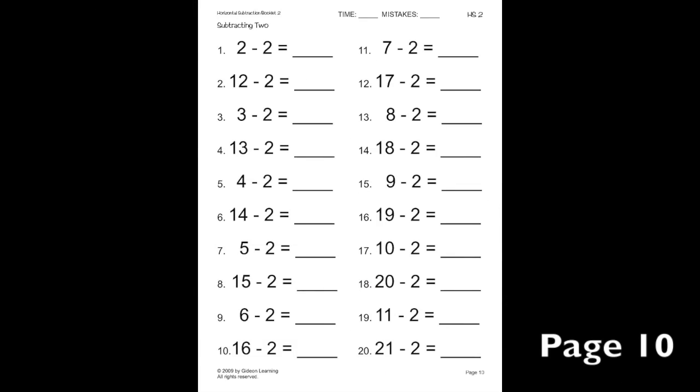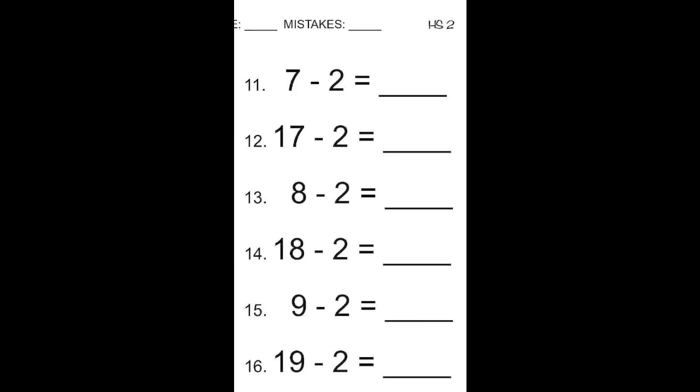So now let's go on to the next page, which is a drill page, and we'll work on some more subtraction with double-digit numbers. Let's look at number 11 first. Here we have 7 minus 2, which equals 5. Below that is 12 with 17 minus 2, which equals 15, 10 more than 5.